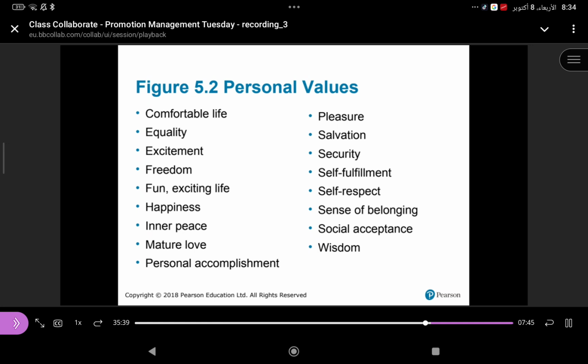There are different models that explain the concepts of integrated marketing communication. There is one model called the hierarchy of effect model. The hierarchy of effect model explains the steps a consumer goes through from learning about a product to finally making a purchase.